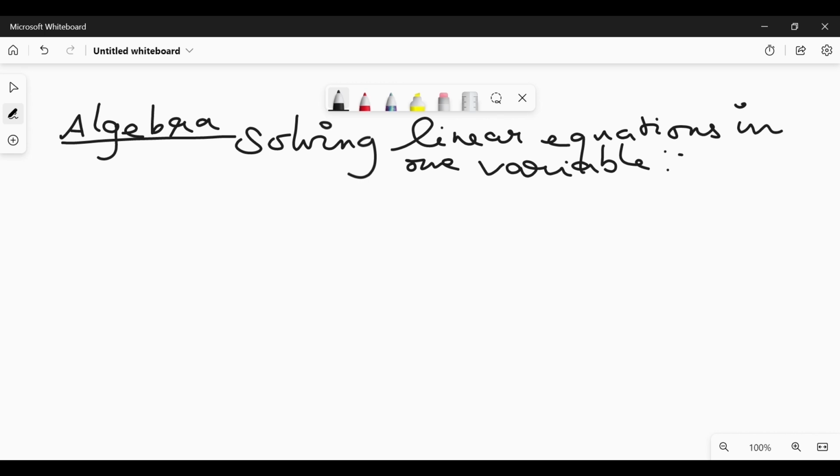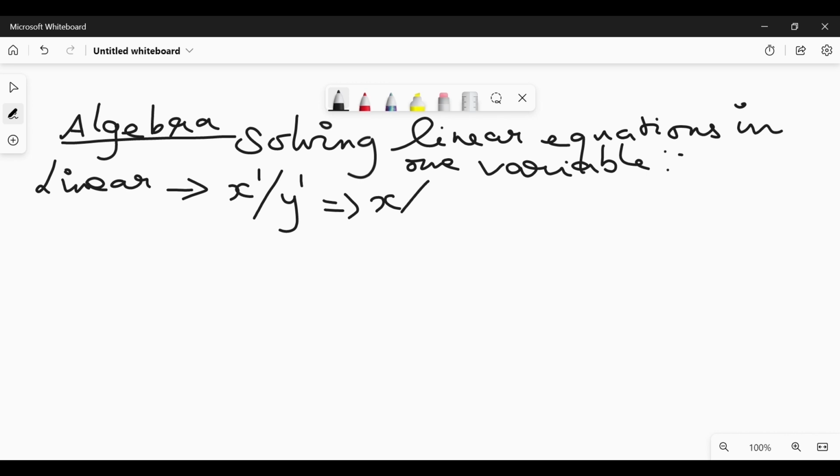Let's see what we are going to do here. First of all, what is meant by linear? Linear means any variable to the power of 1. It could be x power 1 or y power 1, or any variable which is given to the power of 1.